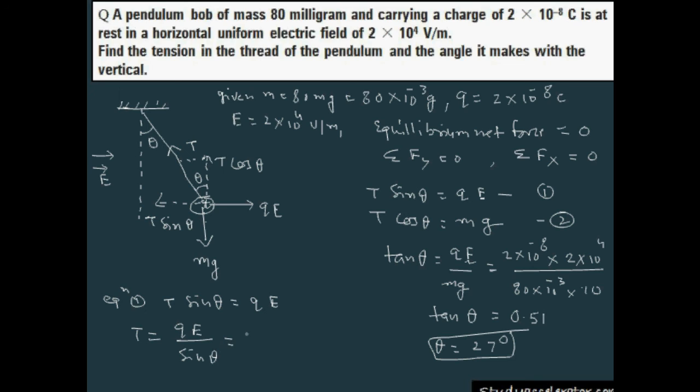Put the value of q 2 into 10 to the power minus 8, E 2 into 10 to the power 4 and sin 27 degree. If we put the value of sin 27 and calculate, this will result in 8.81 into 10 to the power minus 4 Newton. This is the answer.